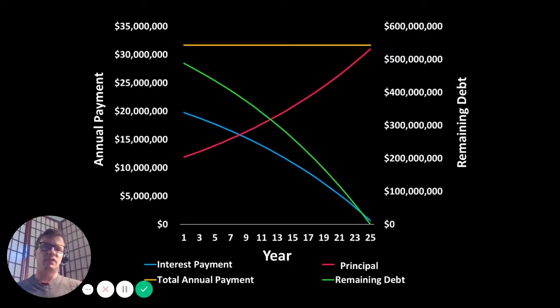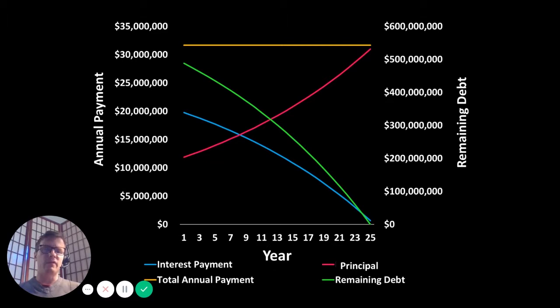And remember, we've seen this figure before. What this shows on the left y-axis is the annual payment that they're making. And so the orange line represents the total annual payment that a utility might make on a principal of $500 million over 25 years. So the annual payment they're making, which is principal plus interest, is on the order of $32, $33 million.